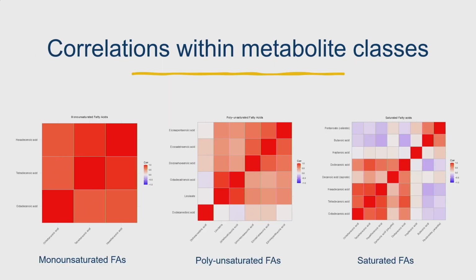Then when you go further, though, into the fatty acids, they really tend to get hotter and hotter. And so the correlations between monounsaturated fatty acids, polyunsaturated fatty acids, and saturated fatty acids within each other as a class seem to actually be pretty high and higher than the other metabolic classes.